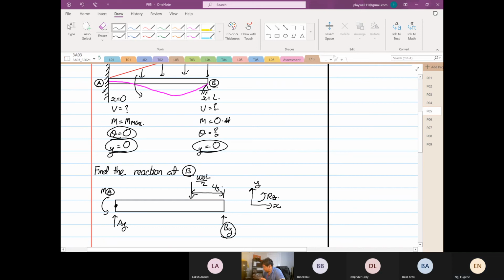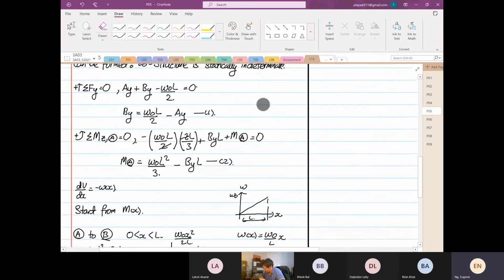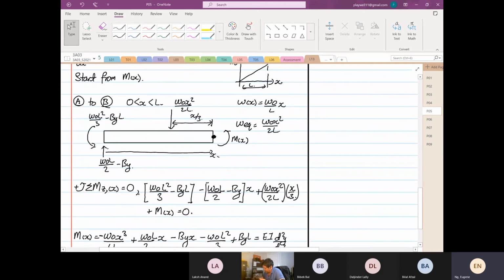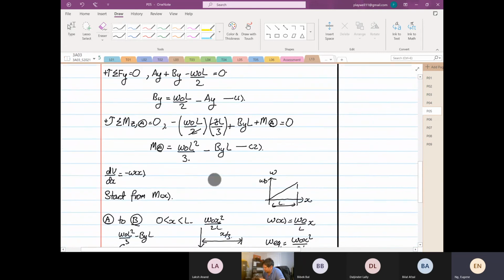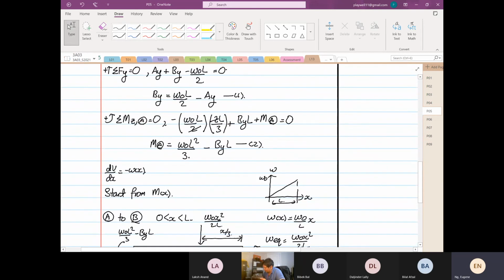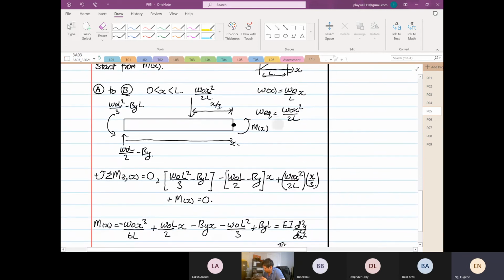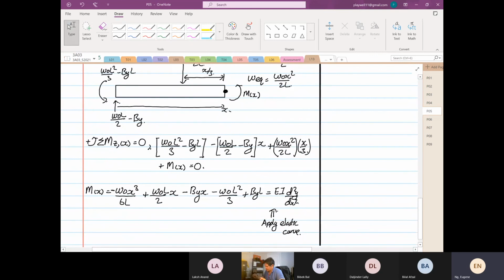So I can start forming from moment, and we also use the reaction at point A to form the moment equation. From here, we just need to integrate 2 times.